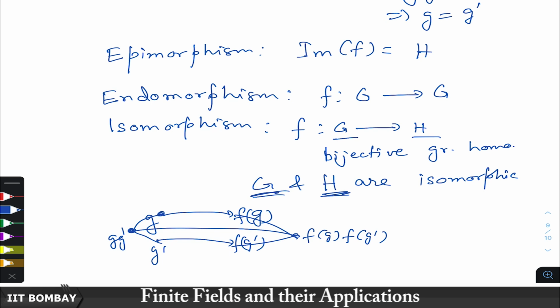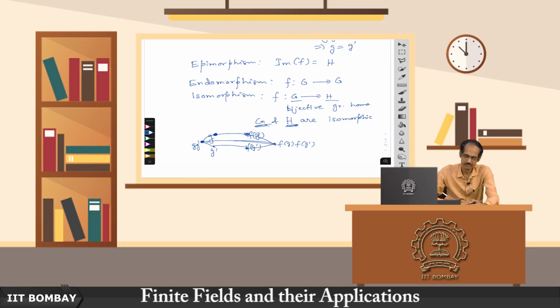So, the product g g' will go to the product of f(g) and f(g'). So, you are basically thinking of this element being this element here, this element being this element. Okay. So, here there is a one to one correspondence under which the group operation also is preserved. So, that is what isomorphism is. So, whenever we have two groups which are isomorphic, we think of them as basically the same group.